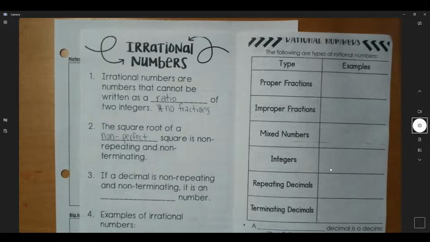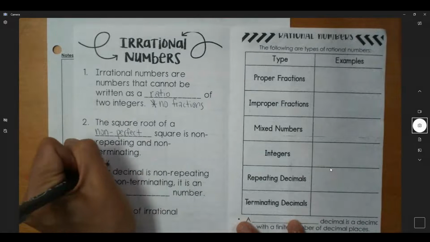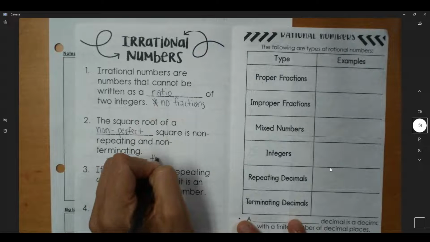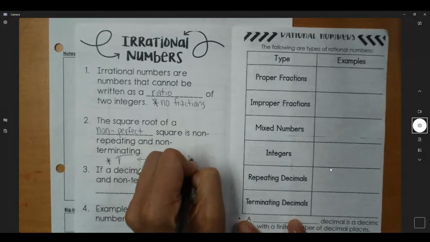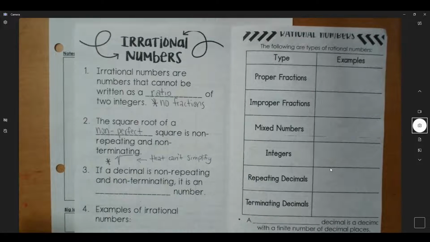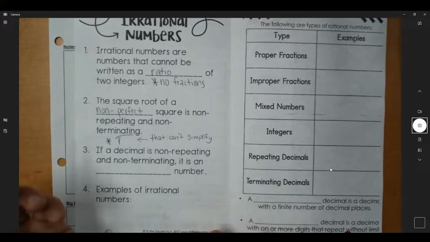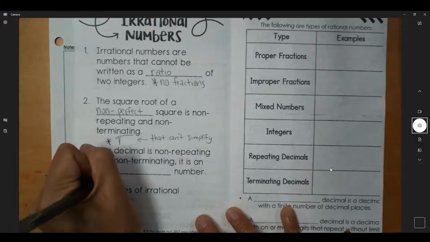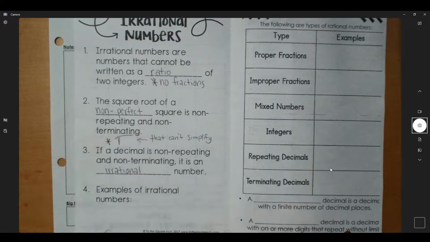So non-repeating, and then non-terminating. So it's not like 1.3458 and then stops. It can't do that. It has to be a dot, dot, dot. So also a little hint here, any radical that can't simplify is going to be considered irrational. If a decimal is non-repeating and non-terminating, it is an irrational number.